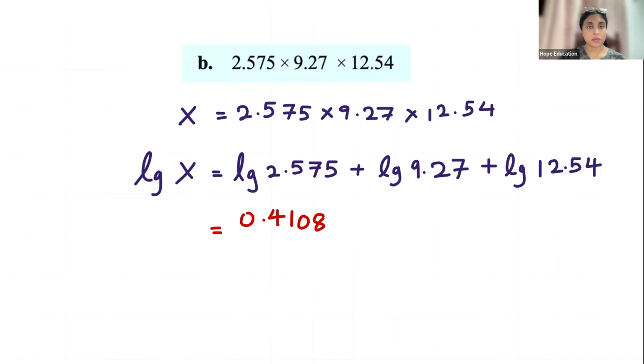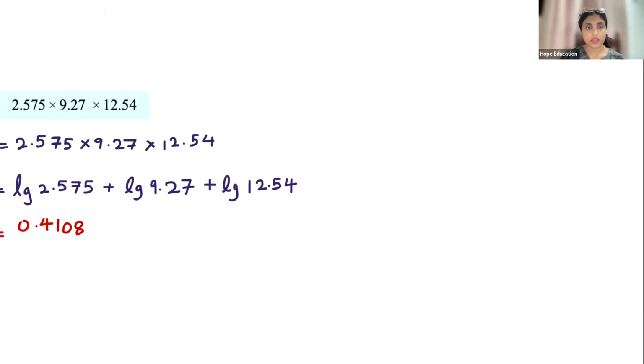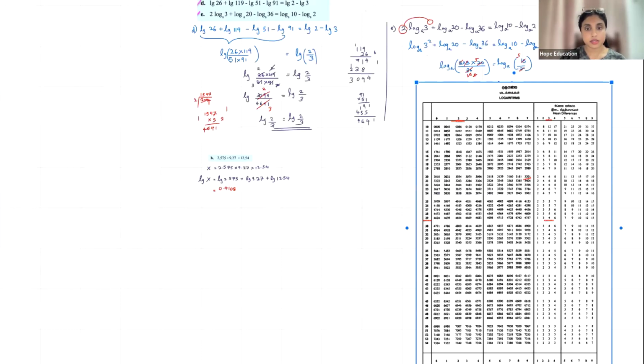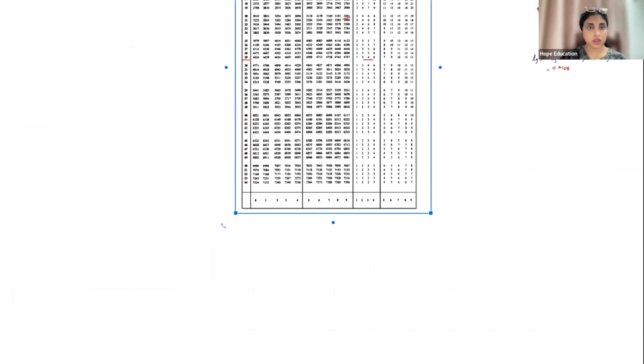Okay, let me copy paste this. Then we will have the log table on the whiteboard, so we can refer to it anytime we want. I will keep it big like this, and since there are 2 pages, I will take the second page too.